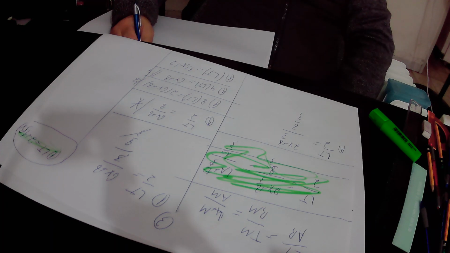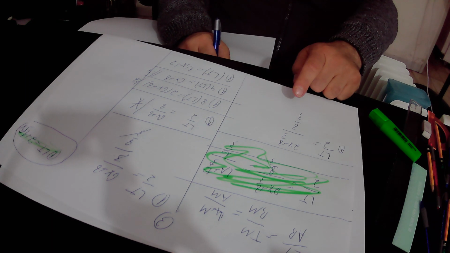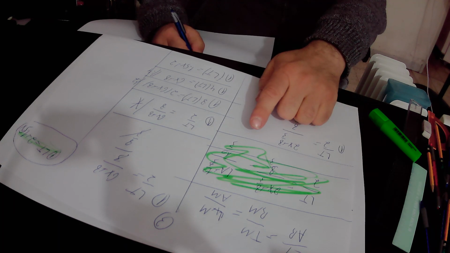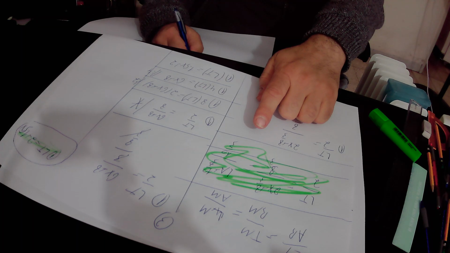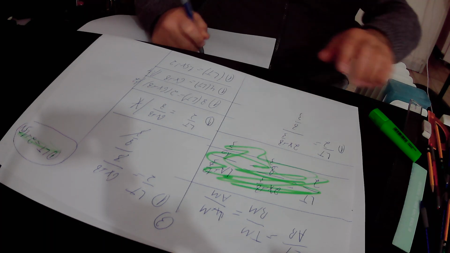So according to equation 2, 2x plus 8 over 3 over 8 over 3 equals LA plus 10 over 3 over 10 over 3.